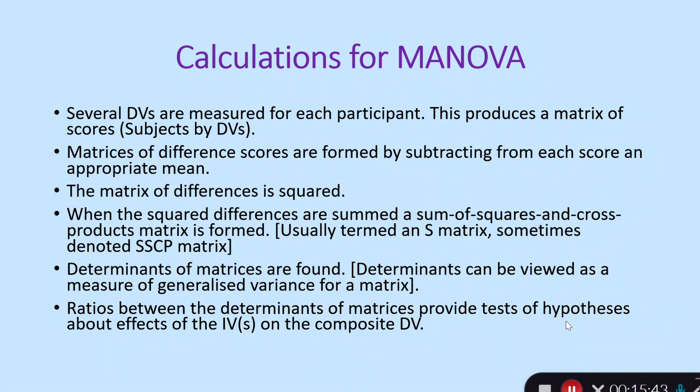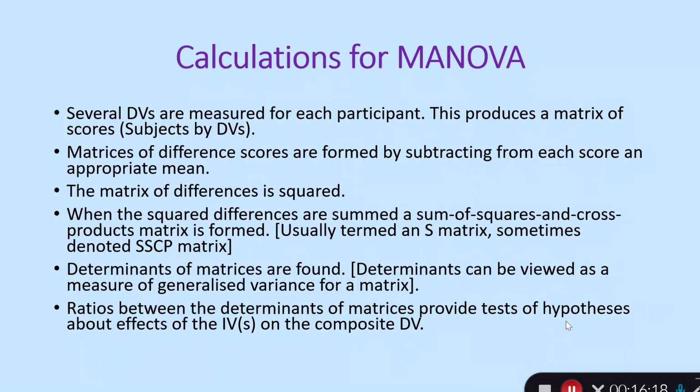That matrix of differences is then squared. We then take those squared differences and sum them, and this creates what's known as a sum of squares and cross products matrix. So similar to ANOVA, where we took each score, looked at its difference from the mean, squared it, then added them all together to get a sum of squares.